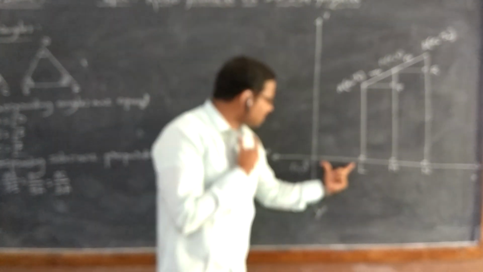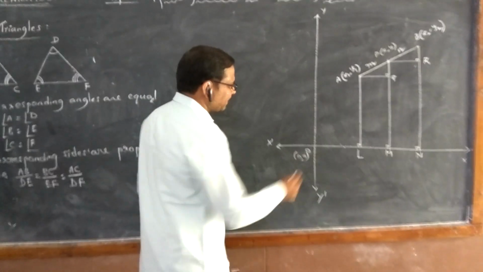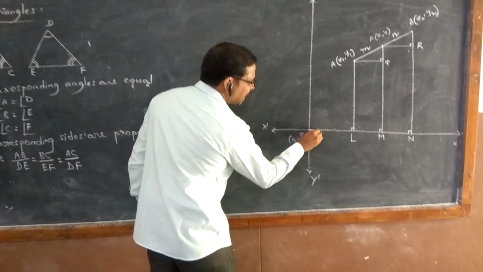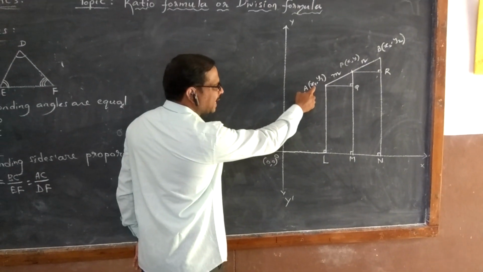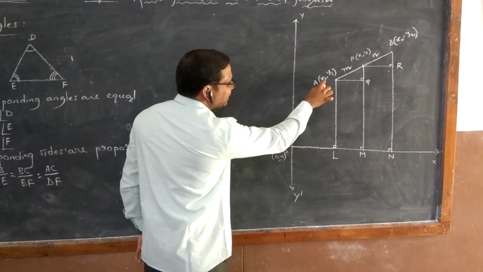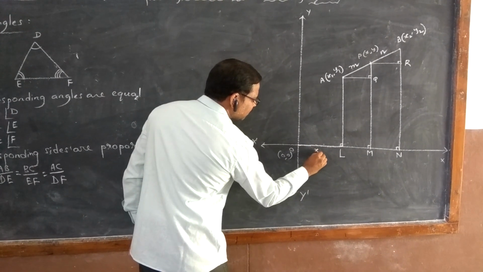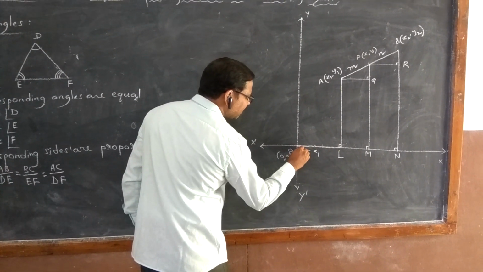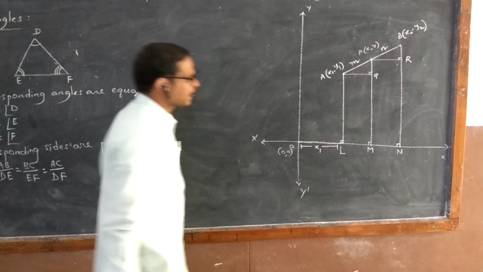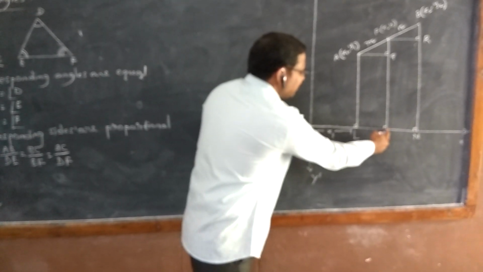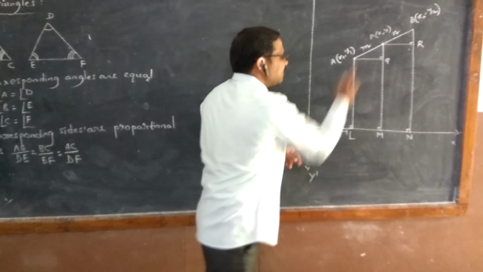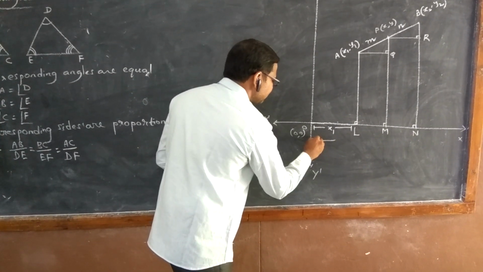What is the distance of OL here in the figure? OL is equal to the x coordinate of A, which is x1. What about OM? OM is the x coordinate of P, that is x.